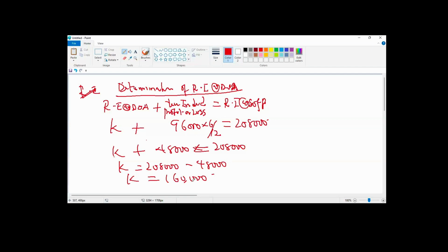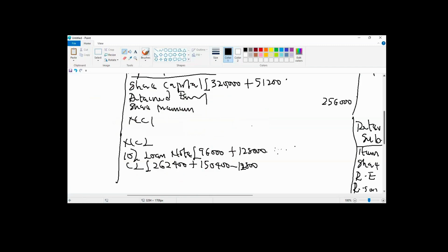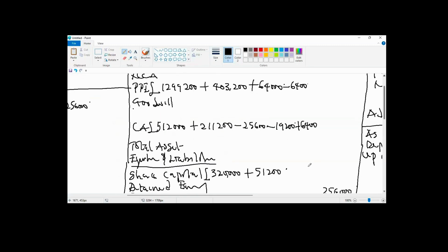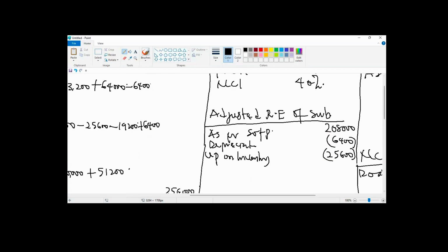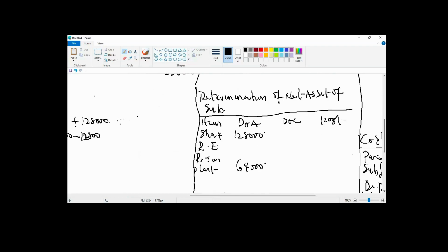I'll go to the question. My retained earnings at the date of acquisition are 160,000. Where is the net asset? What is the total asset now?